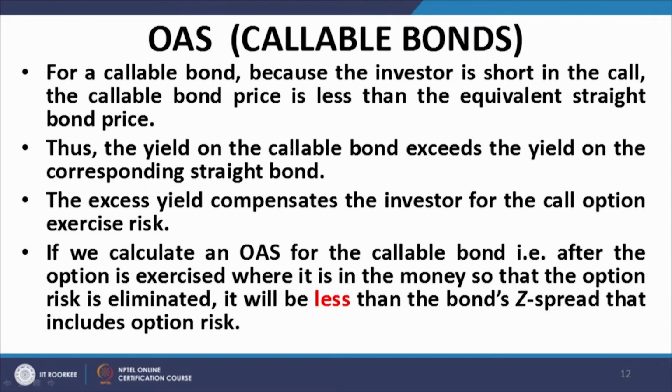Thus, the yield on the callable bond exceeds the yield on the corresponding straight bond. Naturally, if the price of the instrument is lower, the yield increases provided the cash flows are unchanged. So, that is what is happening here, because the price of the callable bond is lower than the price of the straight bond, the yield on the callable bond has to be higher than the yield on the straight bond.